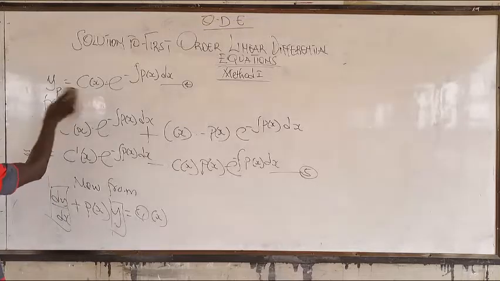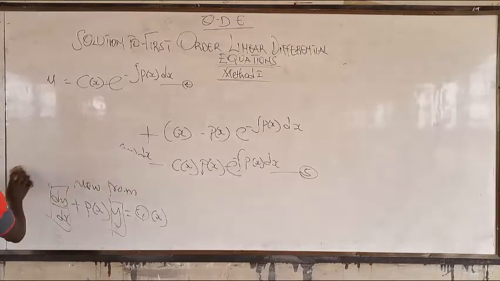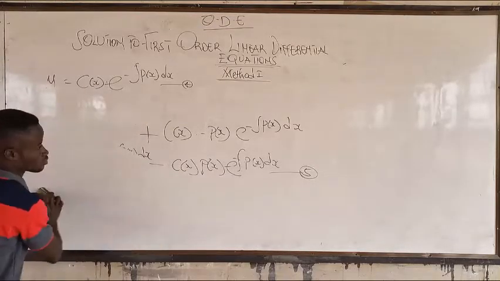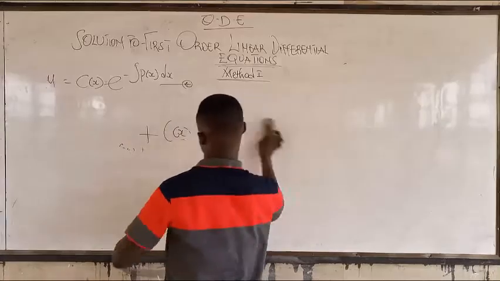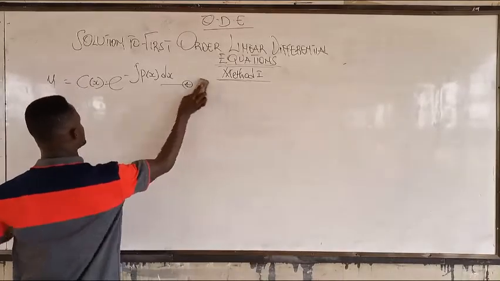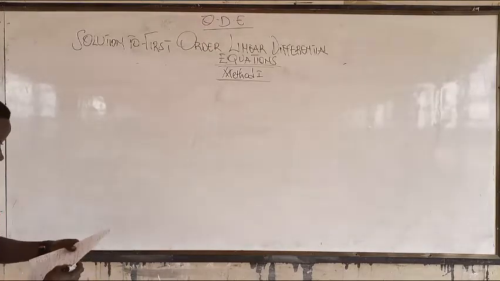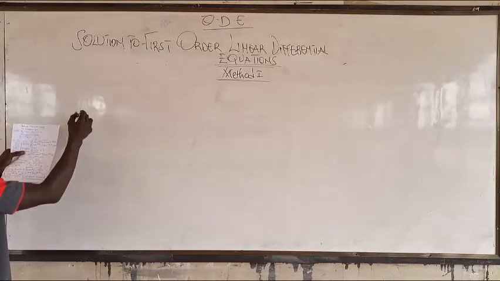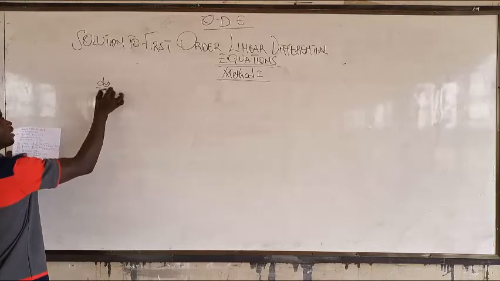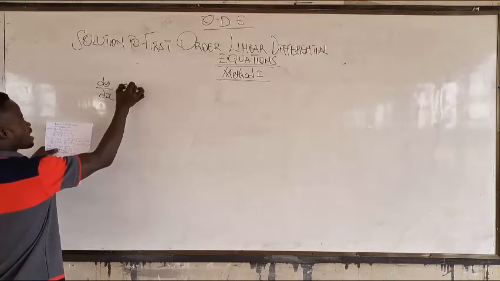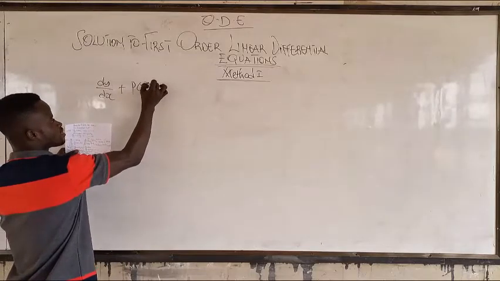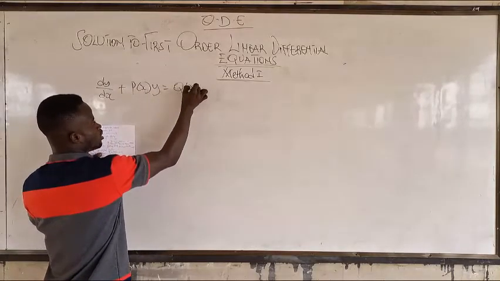So we are doing a substitution. I need more space. Alright, since we have cleaned that part, we are doing a substitution into dy dx plus p of x y is equal to q of x.